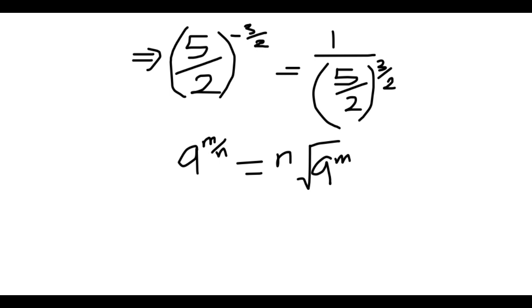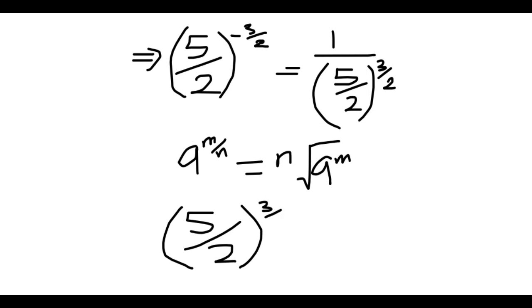So we now have the denominator to be (5/2) to the power 3/2, which equals the square root of (5/2) to the power 3. So from here, we take the square root of the fraction inside the radical.